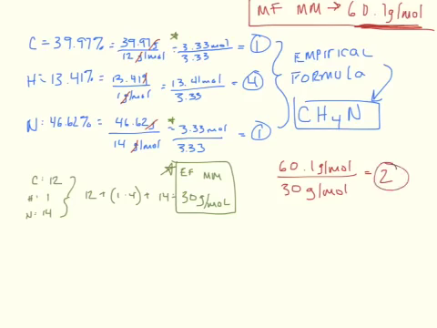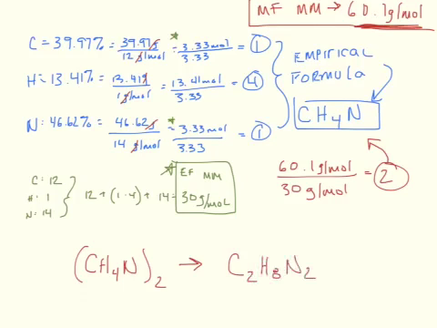From this 2, we're going to multiply that into our empirical formula to get our molecular formula, which means carbon, hydrogen, nitrogen equals 2, 8, and 2, and that, my friends, is your molecular formula for this equation.